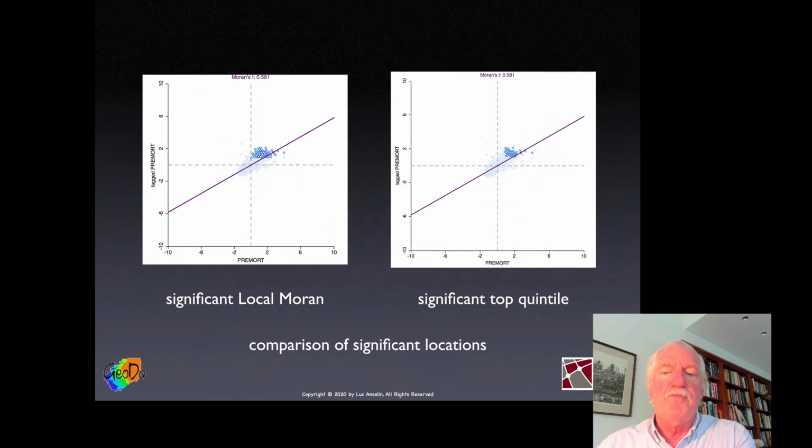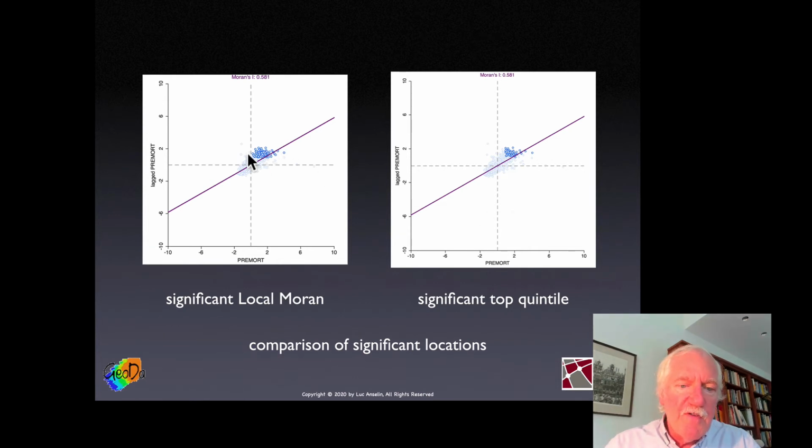So what this does actually is sharpen the insight at the extremes. And to illustrate this in yet a slightly different way, when we do our local Moran statistic for this particular variable, we have high clusters, and they're essentially in the same locations.